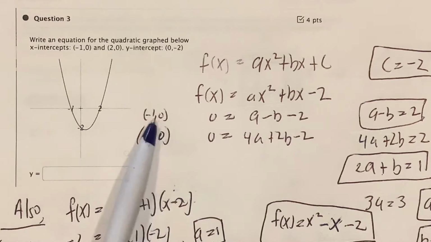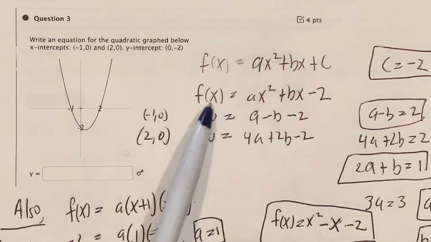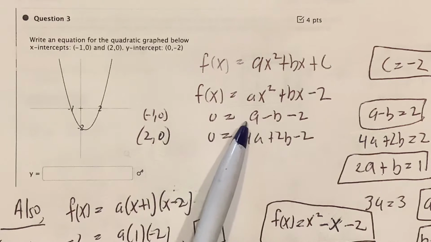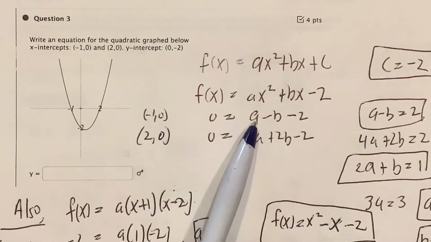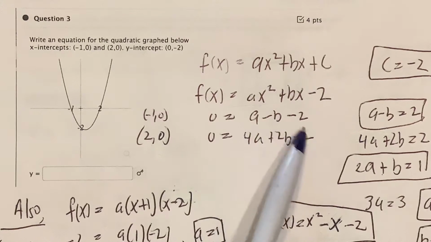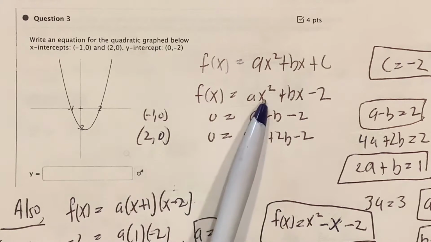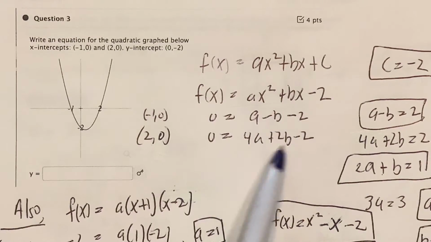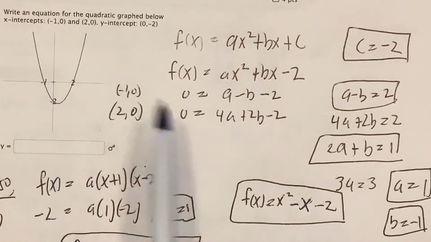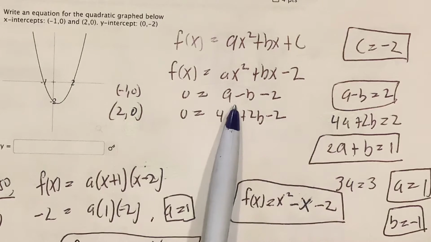If you plug -1 in for x and 0 in for y, you get 0 equals a minus b minus 2. And if you plug 2 in for x and 0 for y into here, you get 4a plus 2b minus 2 equals 0. So you get two equations, two unknowns.